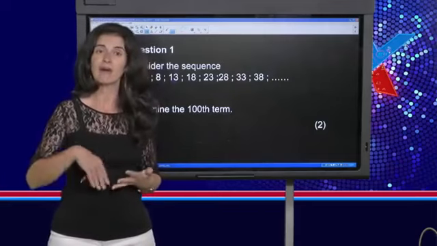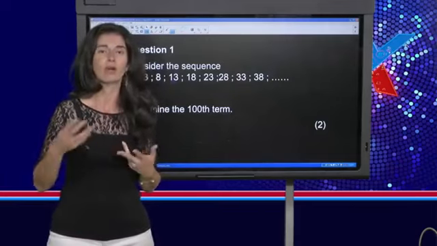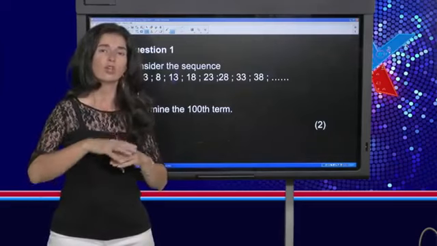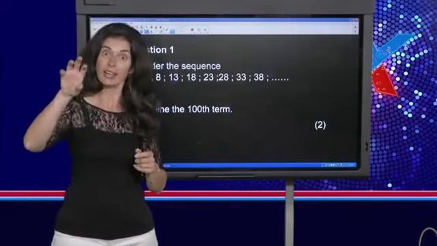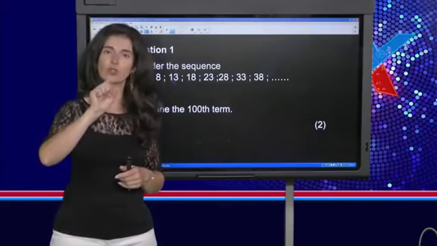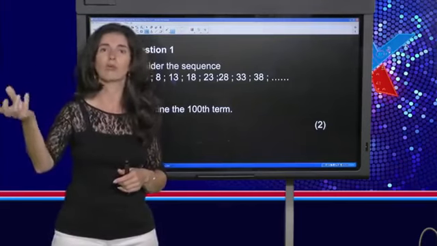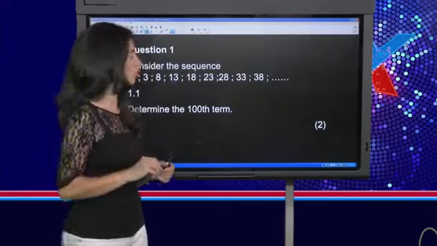Is it arithmetic? Am I adding the same thing all the time? Am I multiplying by the same thing all the time? So to determine how much I'm adding all the time, I would take the difference of the two terms, and to determine what I'm multiplying, I would do the inverse. I would divide each of the two terms.